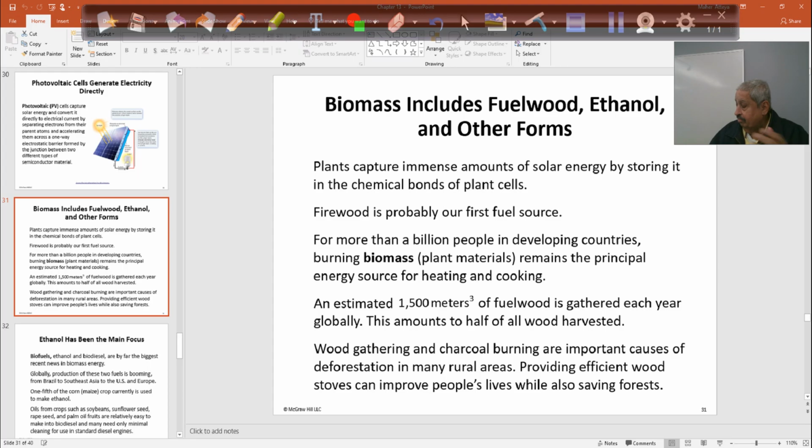We have this system in the United States, but Brazil is using a large amount of land to produce ethanol from corn. And that's what burning biomass means: the plant material. So biomass means plant material. You are using the plants to produce a source of energy. In this sense, it is ethanol.